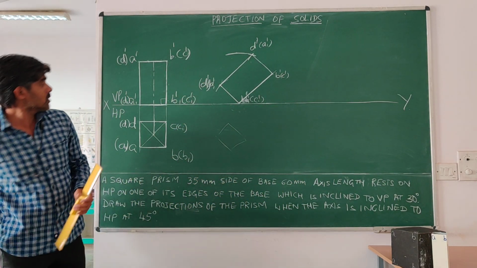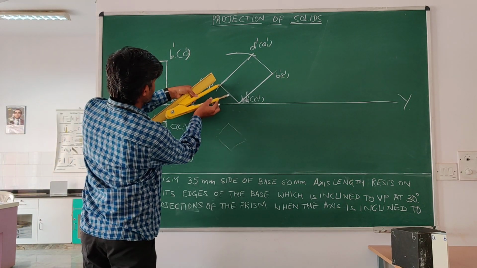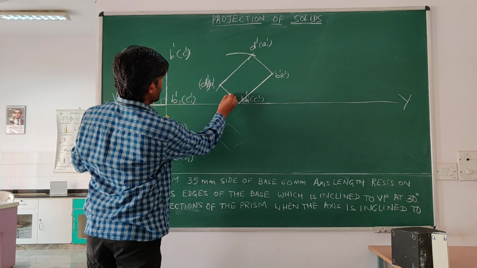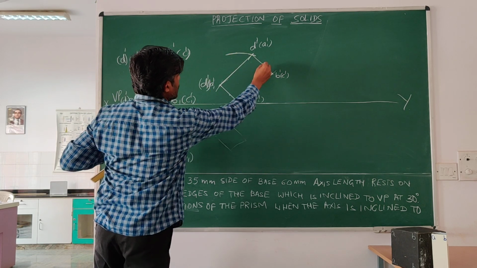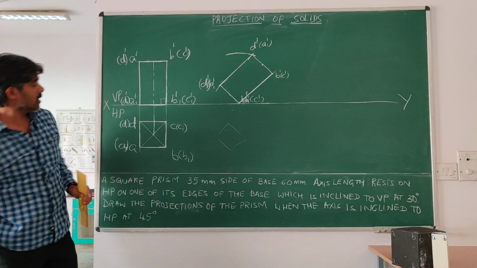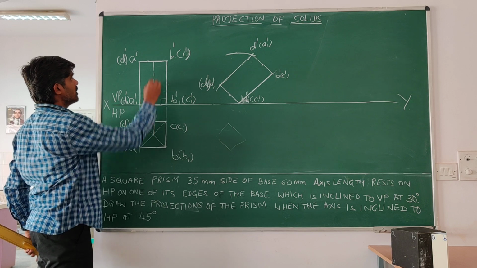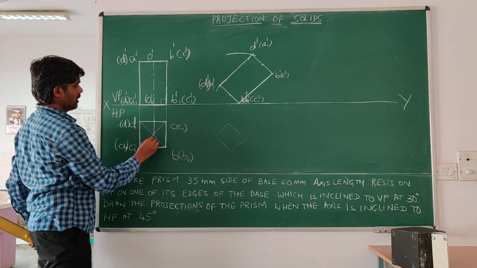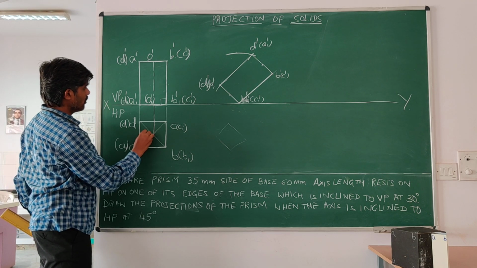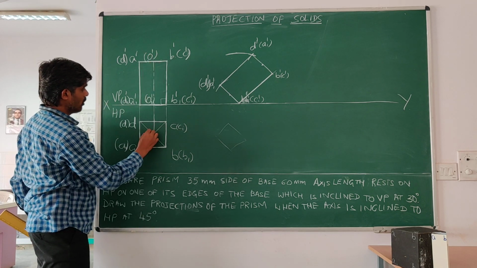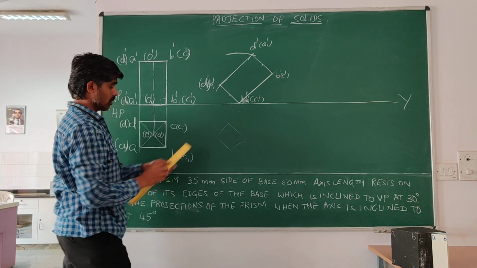At the moment, I will also take these points. The naming is O1 and O dash. Here it is O dash in bracket O1.